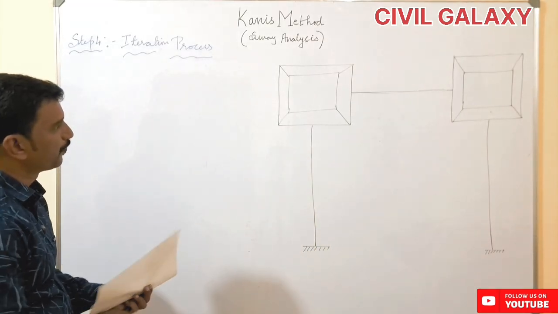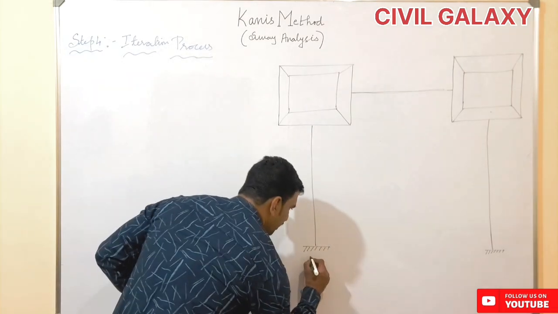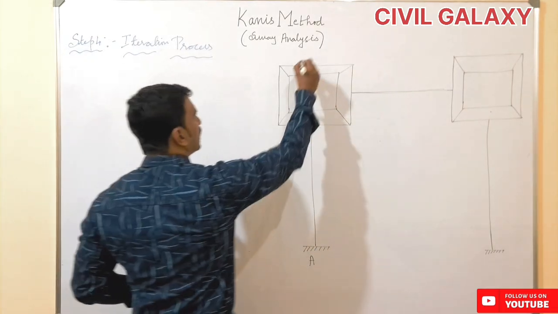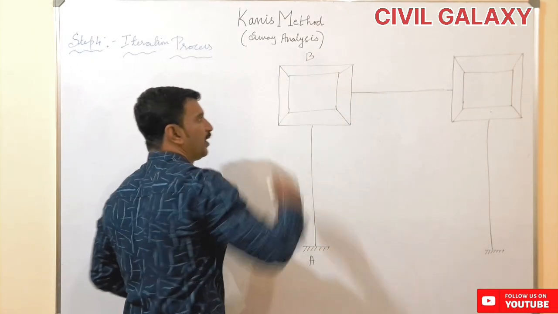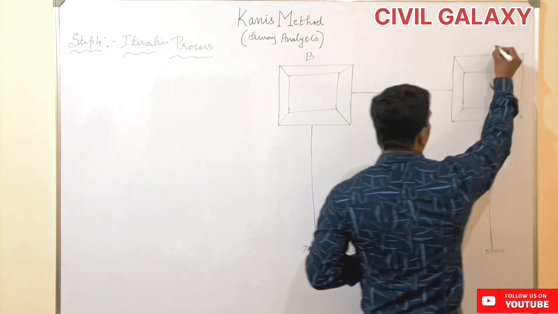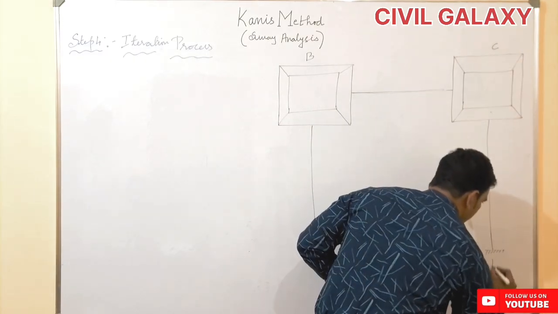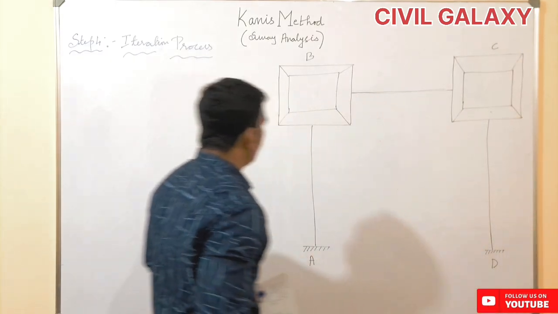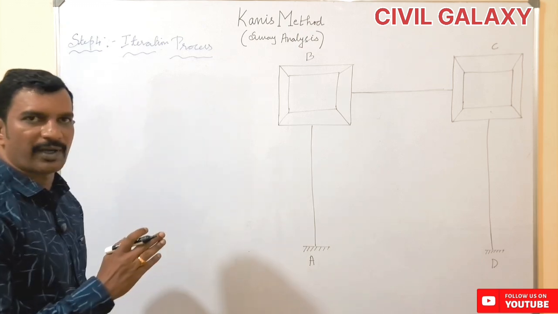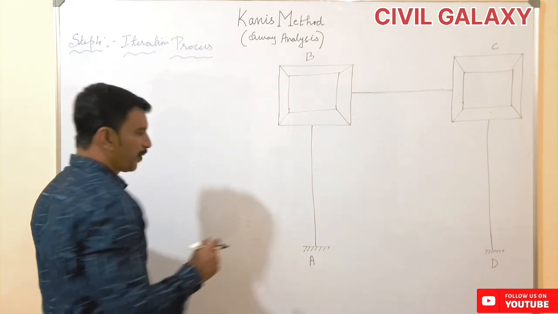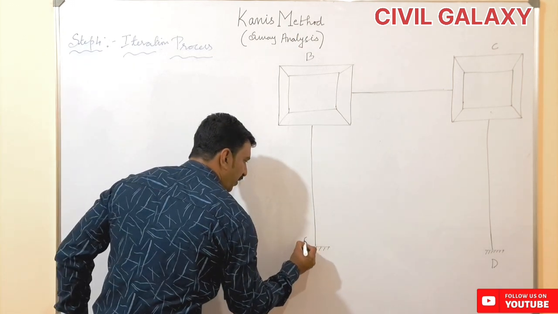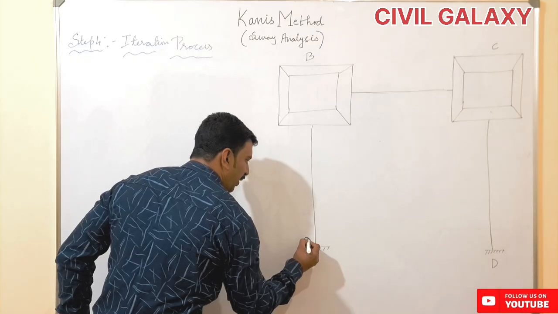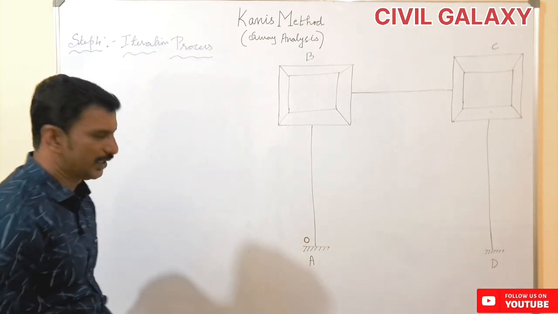So this is point A, this is B as per the problem, this is C and this is D. If we represent the fixed end moment whatever we have calculated in the first step, the fixed end moment from A to B, the total fixed end moment about all members were 0.